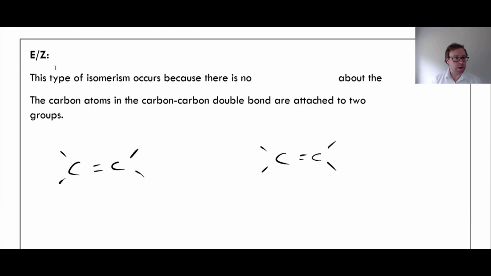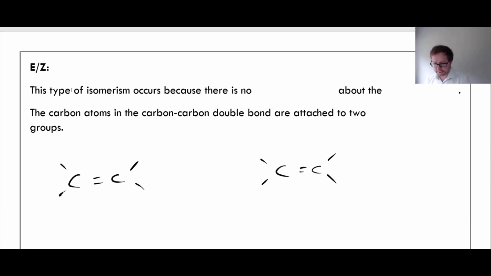Okay, next, EZ. This type of isomer occurs because there is, again, no rotation about the carbon-carbon double bond, and the carbon atoms in the carbon-carbon double bond are attached to two different groups.